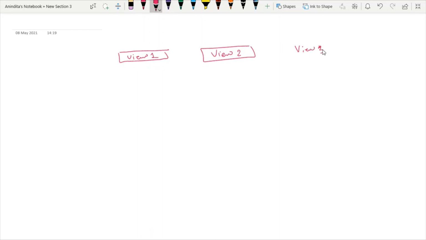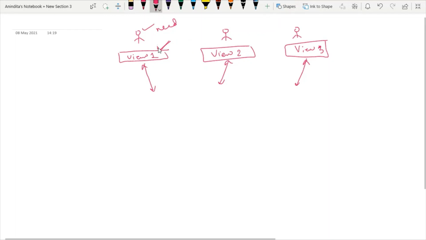These are the partial tables which are created from the conceptual level. And what should be the type of the view? It depends on the user. Whatever is the need of the user, accordingly the attributes will be fetched from the conceptual layer. So for different users, the external level will show different views.